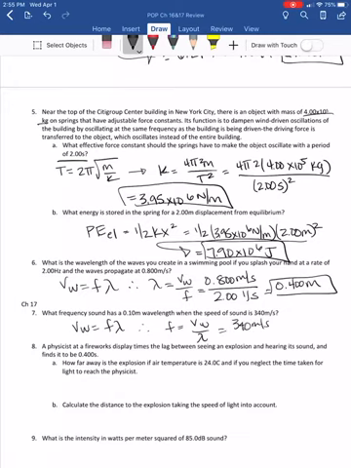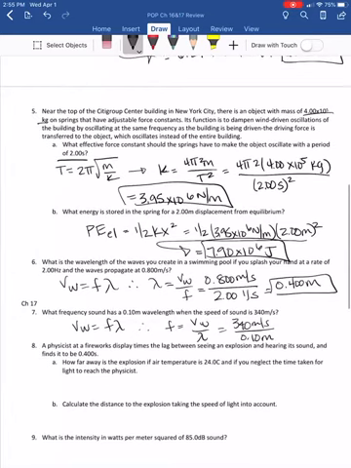Okay, so we've got 340 meters per second divided by that wavelength of 0.1. And the frequency that we get is 3,400 hertz. Remember that frequency is measured in hertz.